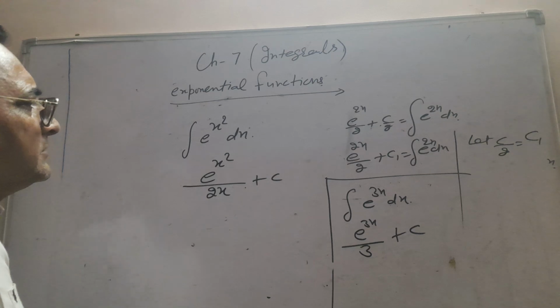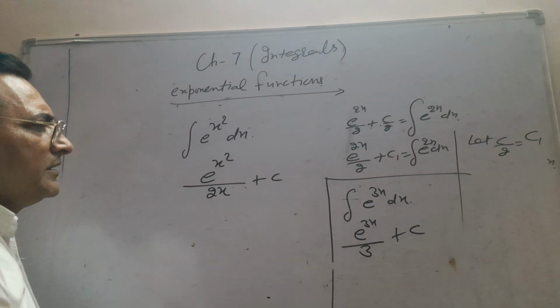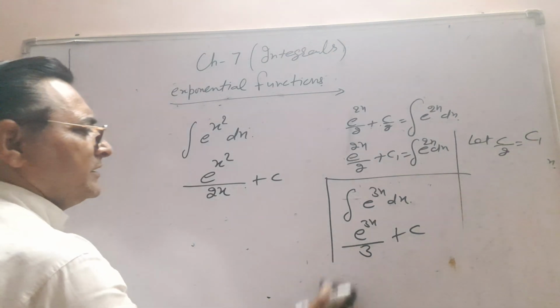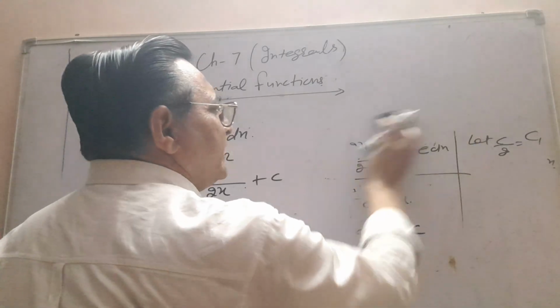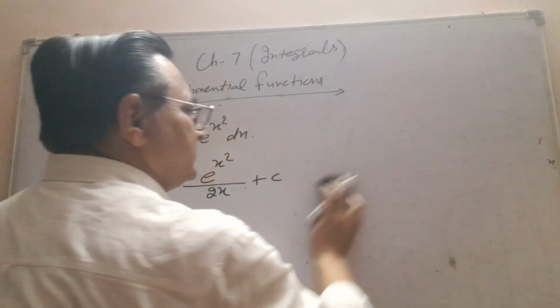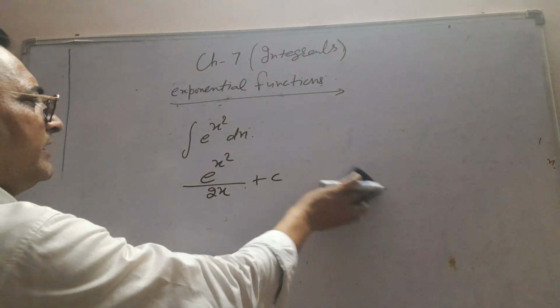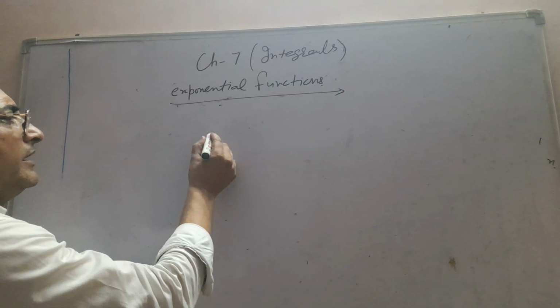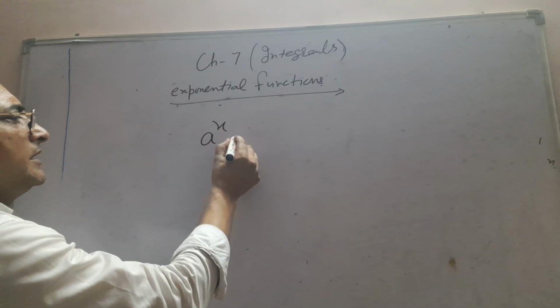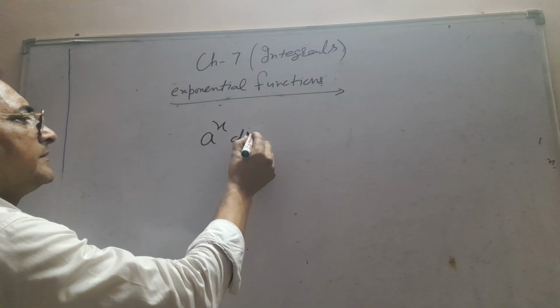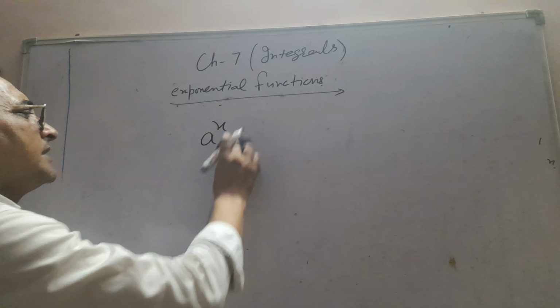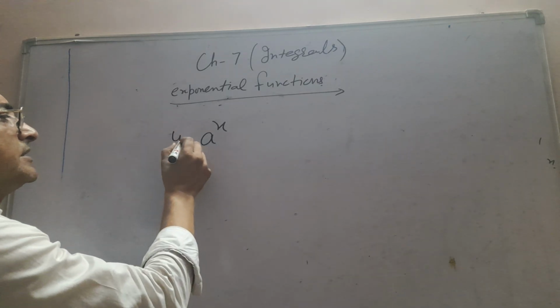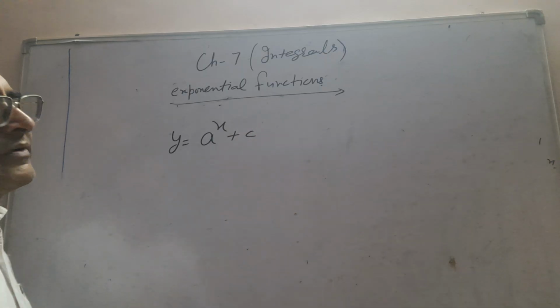Suppose there is a function whose base is any constant number and its power is the variable, a power x dx. In the starting we take, let y is equal to a power x plus c.